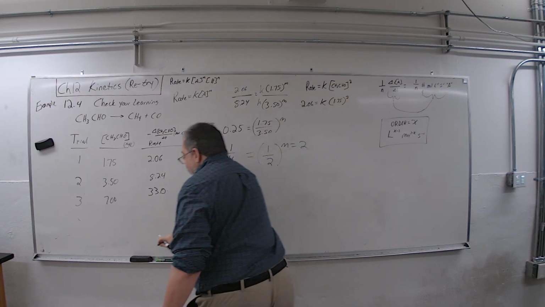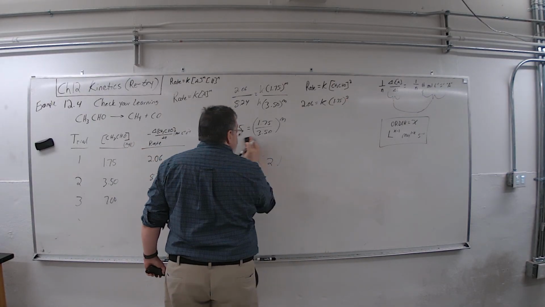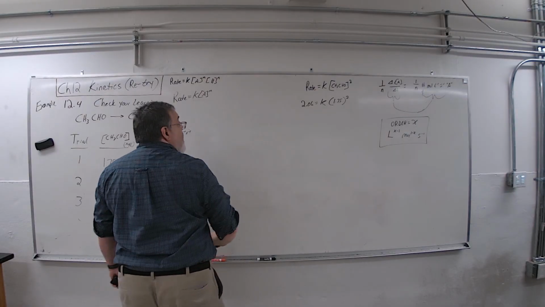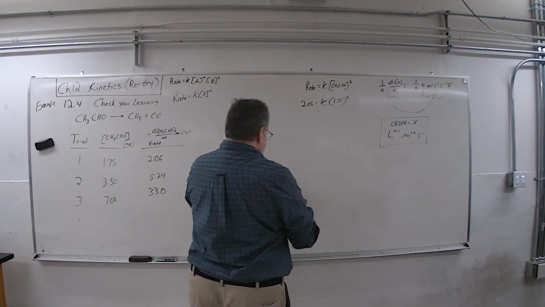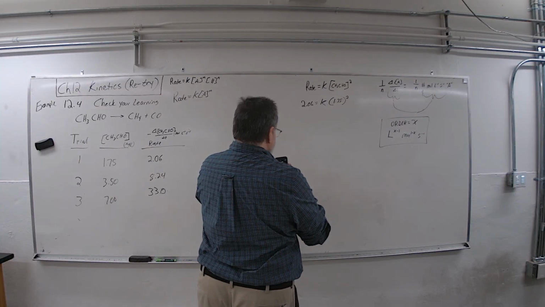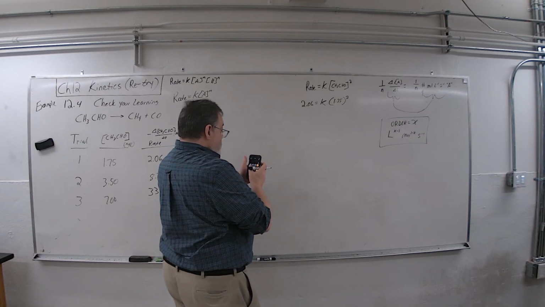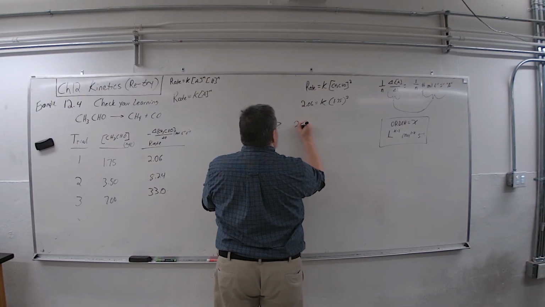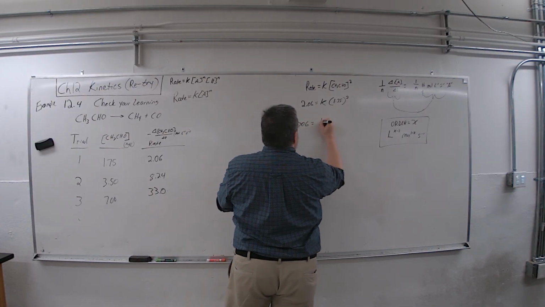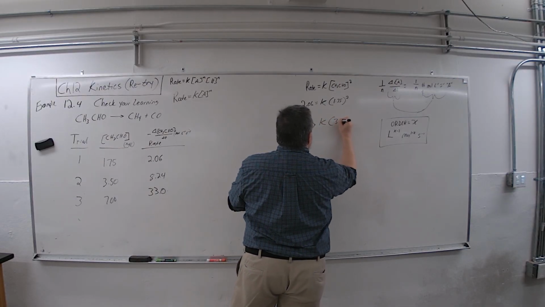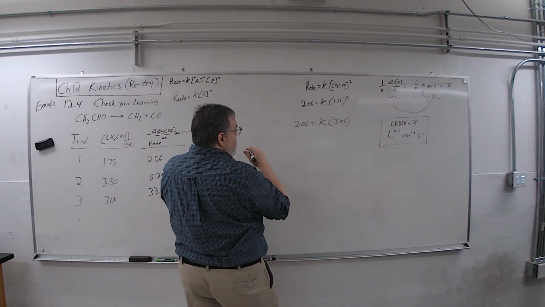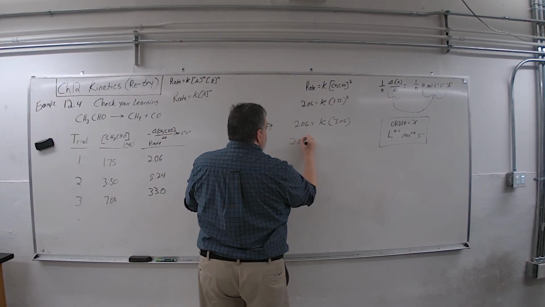Now we can solve. We could square it first, or we could divide it first. I'll do 1.75 times 1.75. That's what I get after squaring it, three significant figures. And then 2.06.